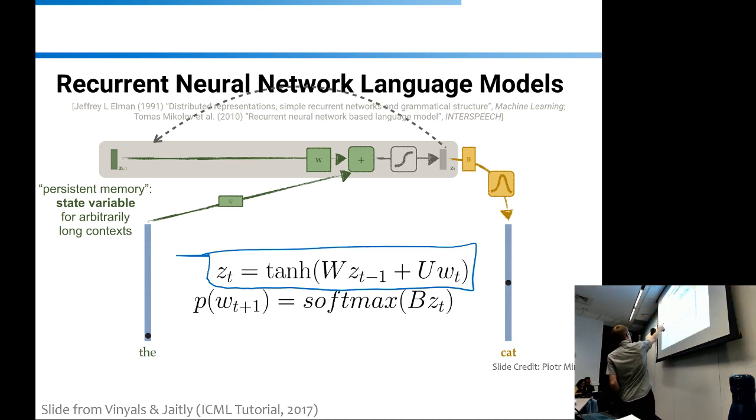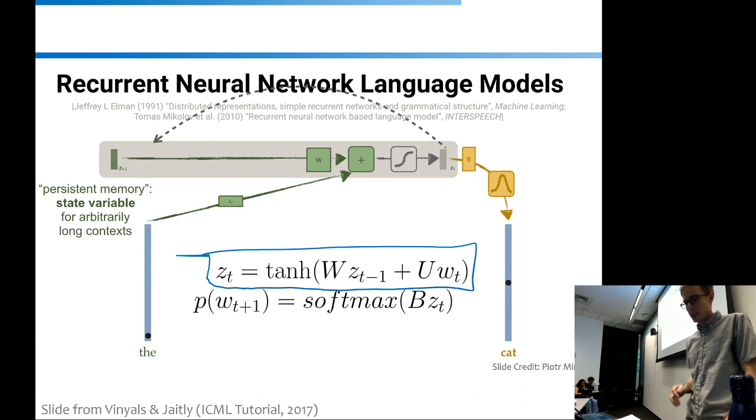Where z_{t-1} is the hidden unit state. We multiply z_{t-1} by some matrix, and then we multiply that one-hot vector w_t by some other matrix. Those are going to have the same dimension, and we add them up and pass them through some nonlinear function like tanh. Okay, so this gives us the hidden unit at the next time step.